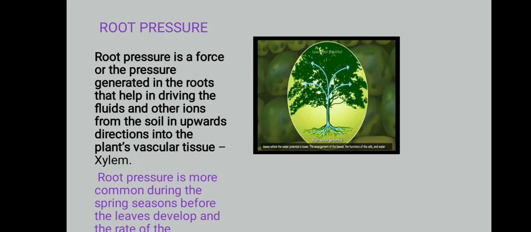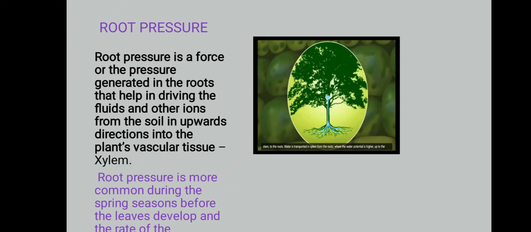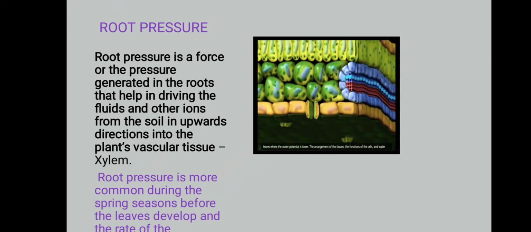So, class, this is all we'll be learning for today. We have come to know about a very important term, root pressure. It is a force or the pressure generated in the roots that helps in the upward movement of fluids or ions towards the vascular tissue, the xylem. It is common during the spring season.